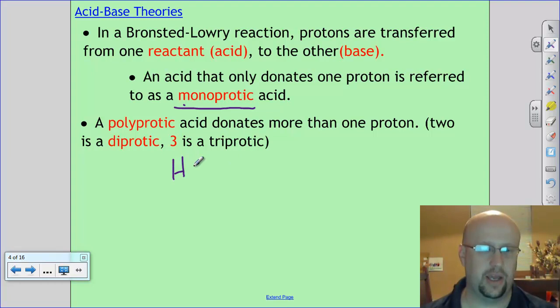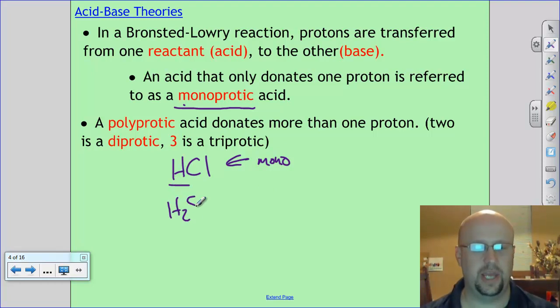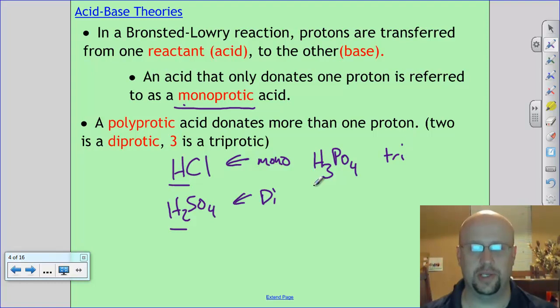So an example of this would be HCl. That's mono because it produces one hydrogen. H2SO4, sulfuric acid, is diprotic, because it produces two. And then we could have something like phosphoric acid, that is what we call triprotic because it produces three hydrogens.